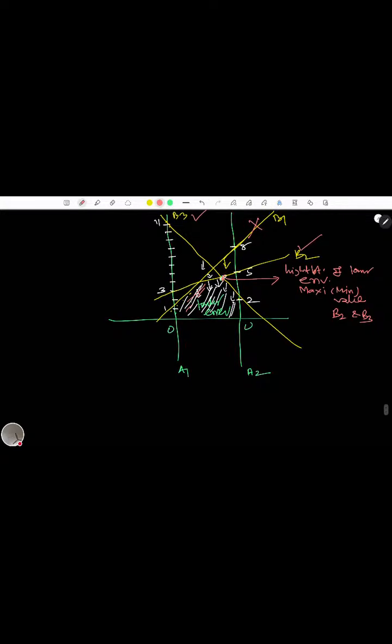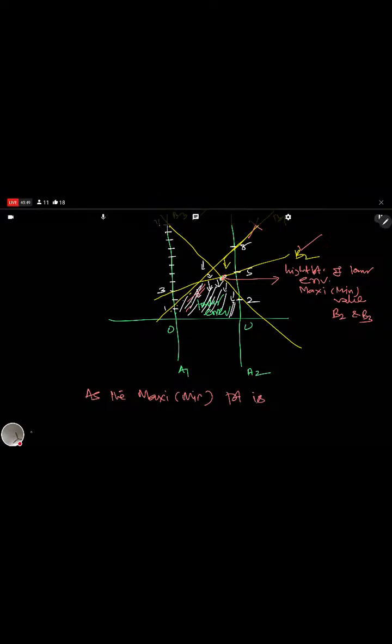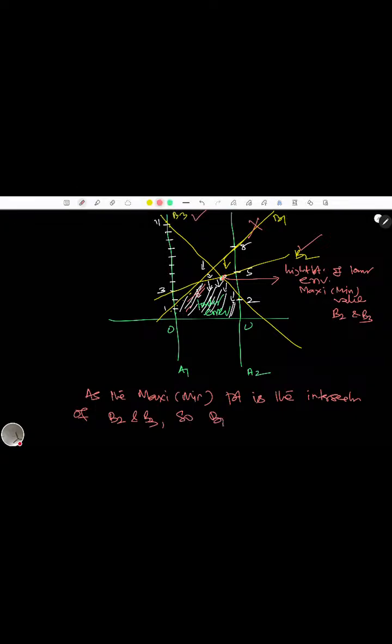As the maximin point is the intersection of B2 and B3, B1 is dominated.